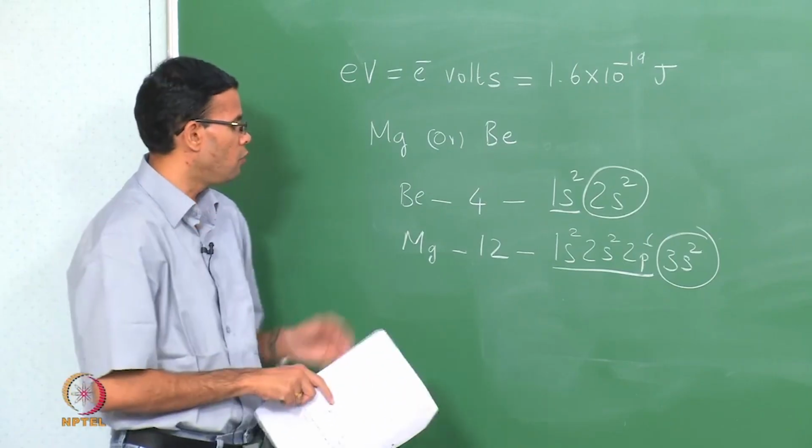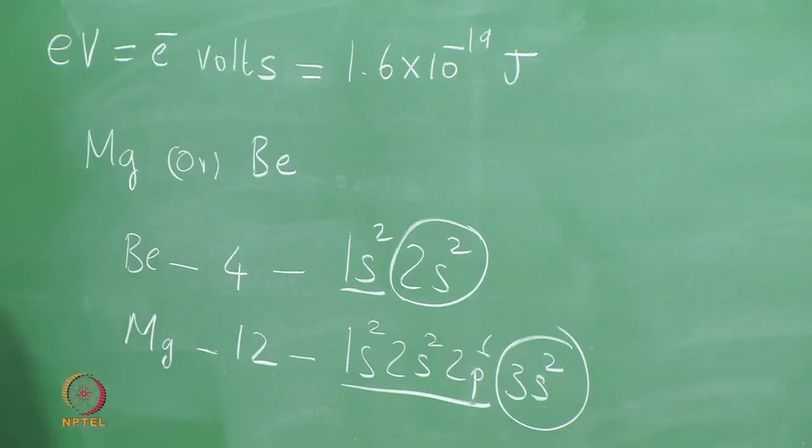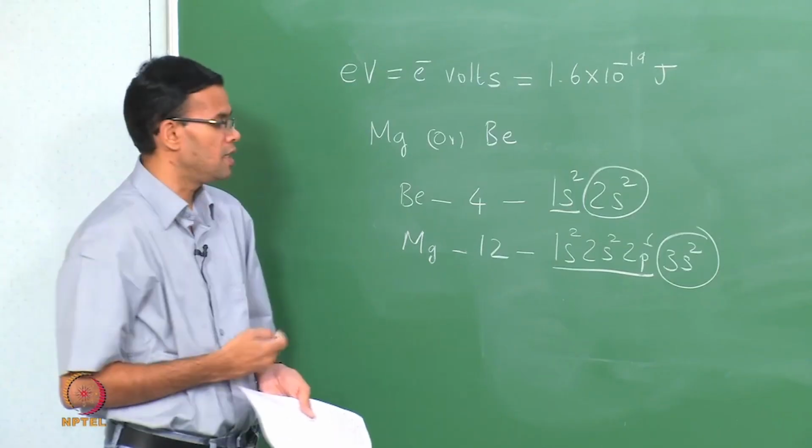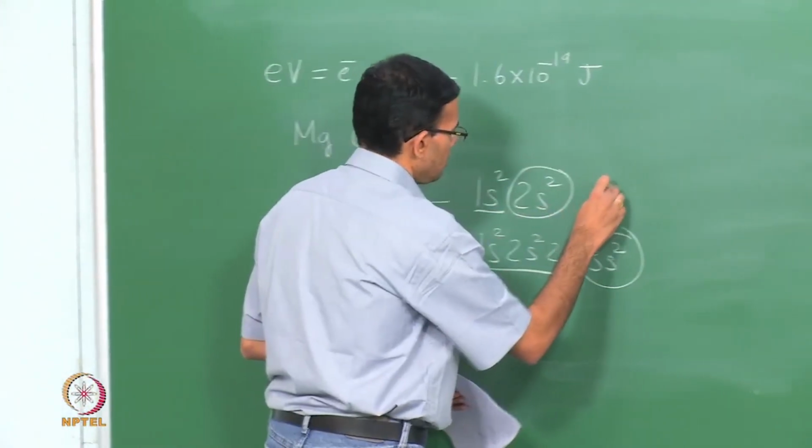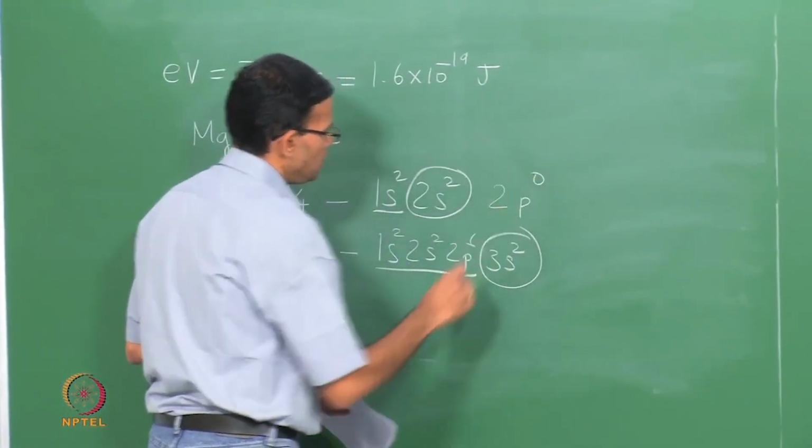So the question is, how will beryllium or magnesium form metals or form a solid, because we know they do and helium does not. The reason is, in the case of both beryllium and magnesium, you also have the p shells and the p shells are empty. So here you have a 2p0.